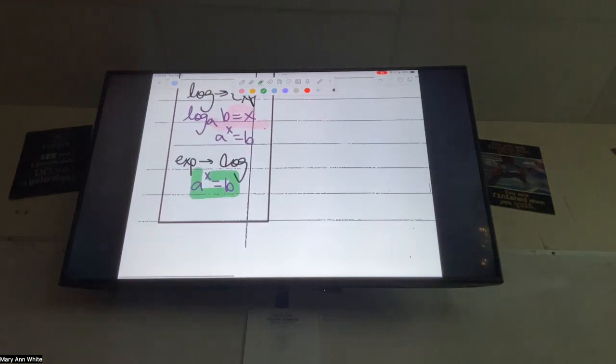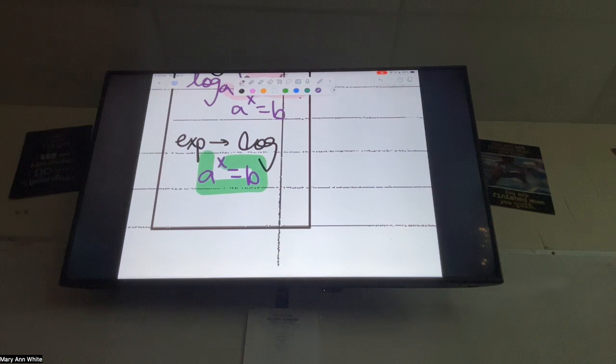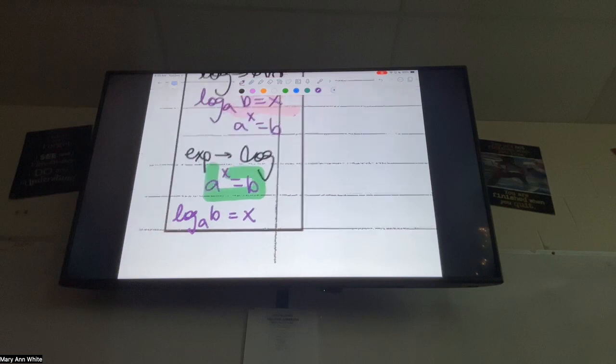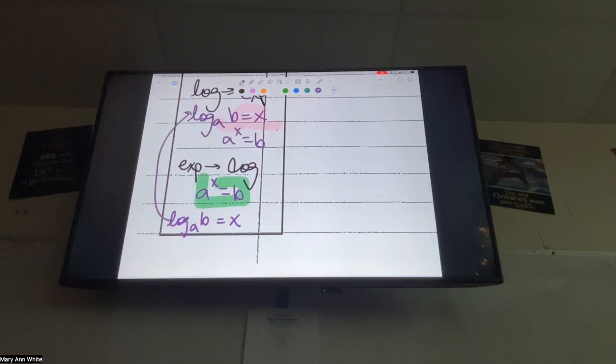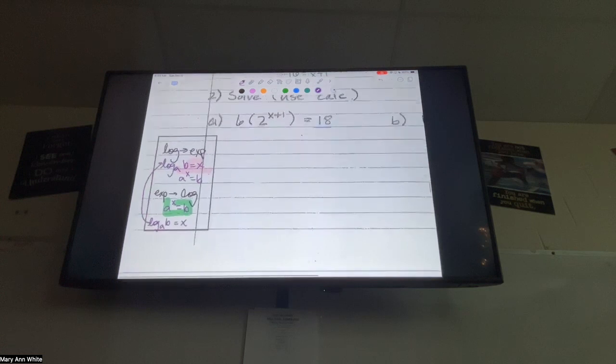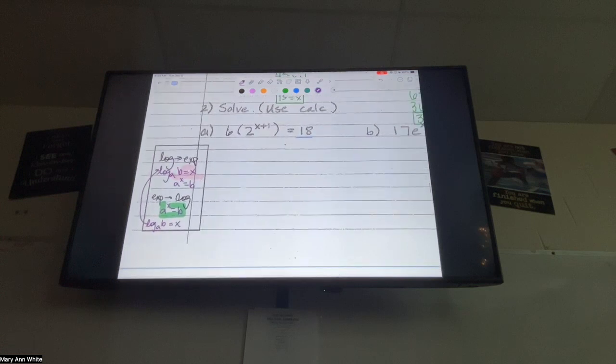When I go into log form, the first thing I touched was the A, so I'm gonna do log base A. Next I touched B, of B equals X. Do you see that's exactly where we started with earlier? We just did all of our rolling around to get into different forms. So where we're at today is we're gonna have to go into log form in order to solve.